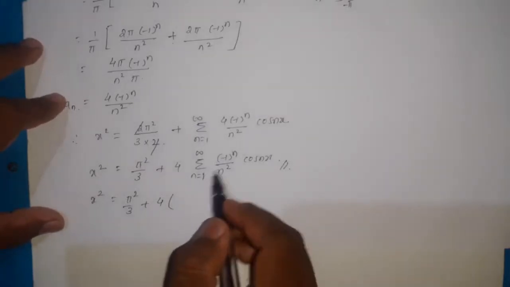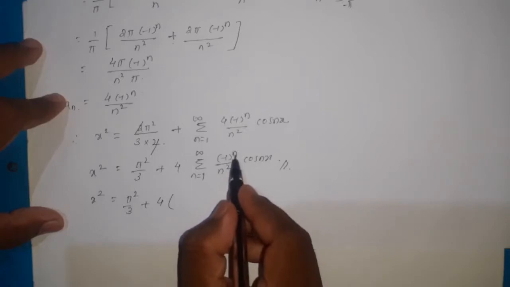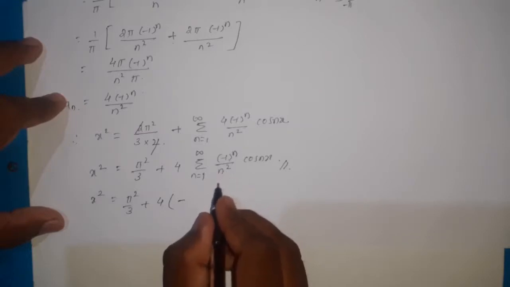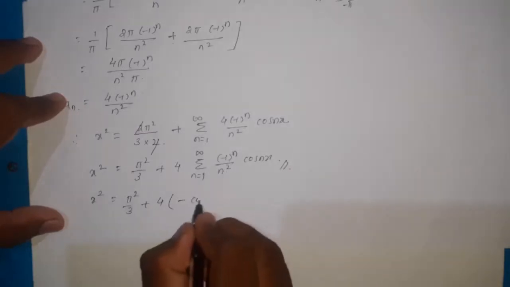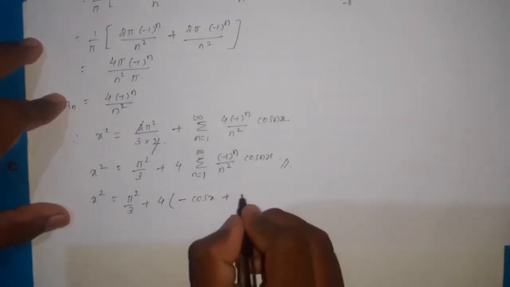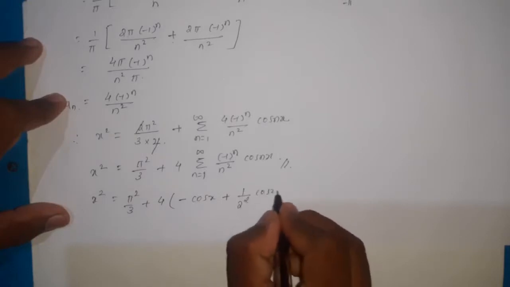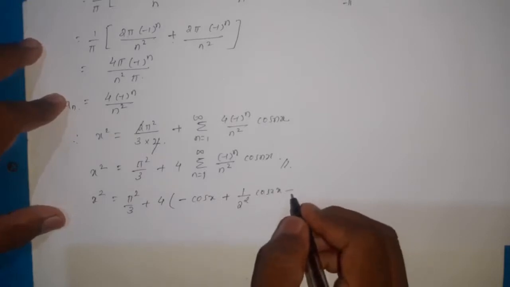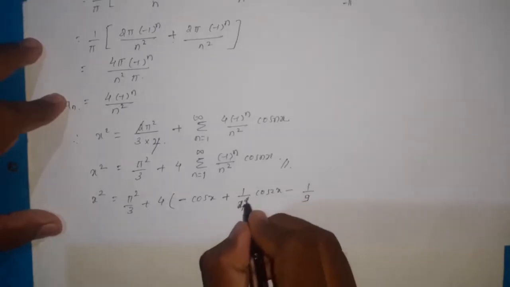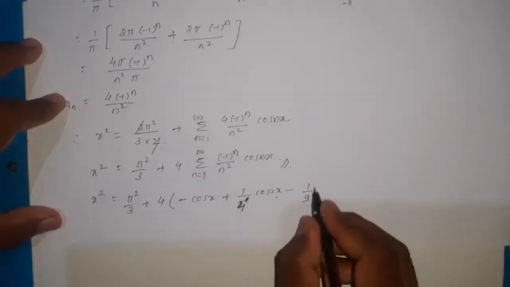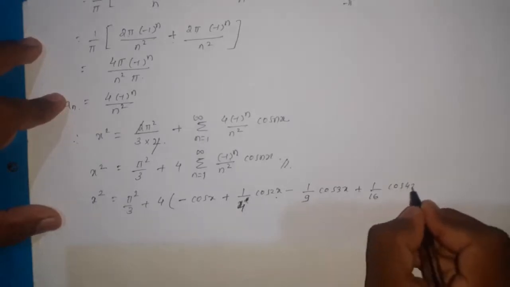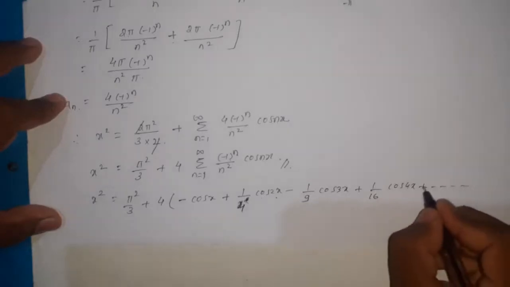Now for n equal to 1 this is minus 1, so minus 1 divided by 1, and this is cos x, and for n equal to 2 this becomes plus 1 divided by 2 square cos 2x, 2 square can be written as 4, so 1 by 4 cos 2x, minus 1 by 9 cos 3x plus 1 by 16 cos 4x, and so on up to infinity.